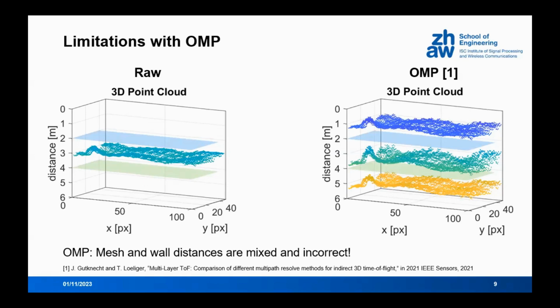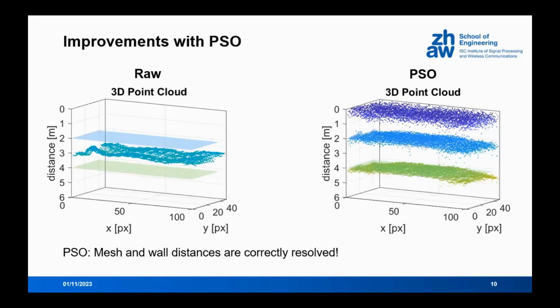With the new approach, with the particle swarm optimizer, we were able to solve the problem of that minimum distance difference. Here you see again on the left side the raw image with a single frequency and the wrong distance. On the right side, you see the achievement we were able to produce and separate these distances very well. You see here on top the stray light we added, and this is close to 0 because it's very close to the camera.